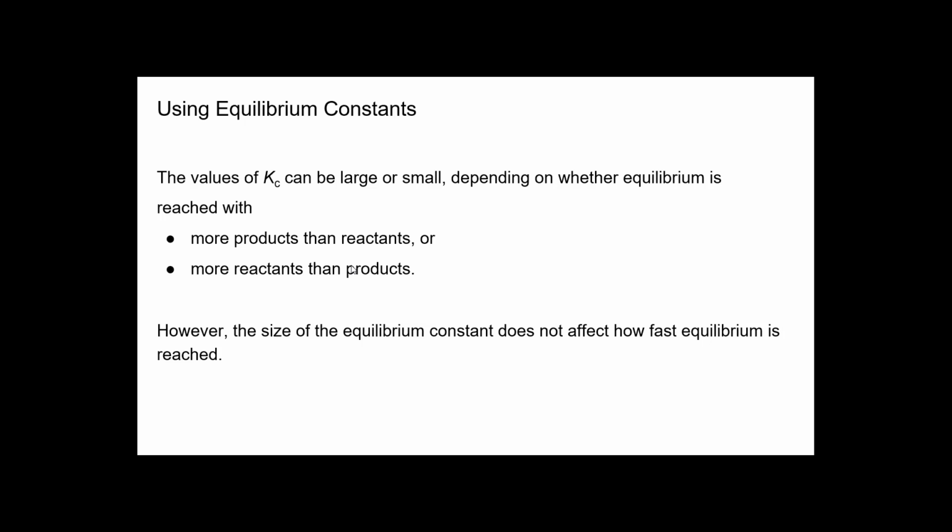They're very unbalanced, where one side has way more concentration than the other. That's what the values actually mean. It tells you if the equilibrium produced more products, or has more reactant concentration.